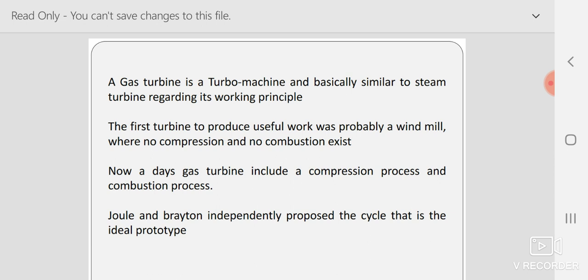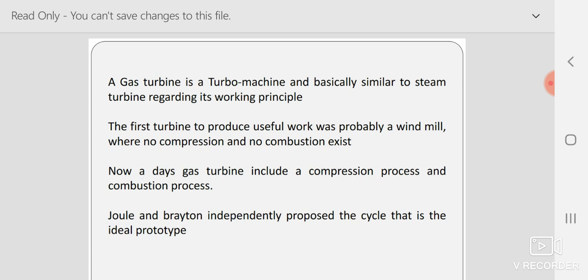Depending on the demand, we can get the power as and whenever required and make our engine rotate.